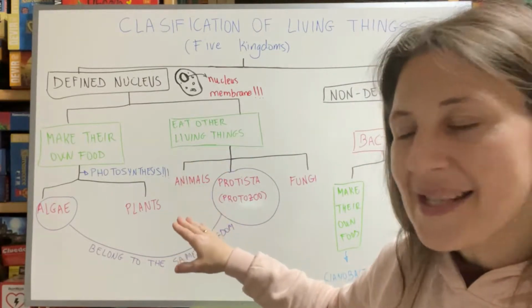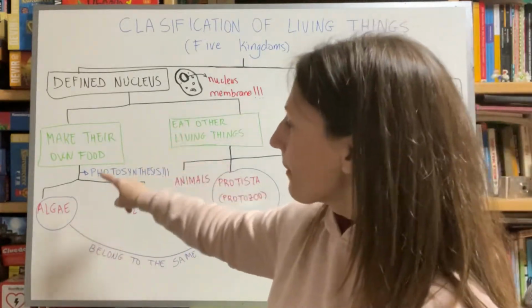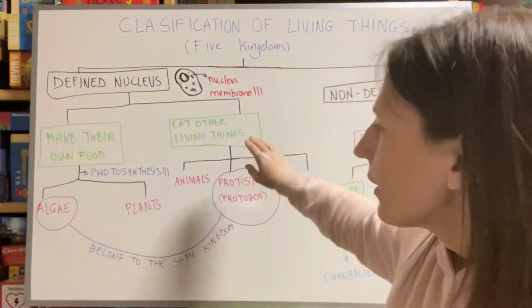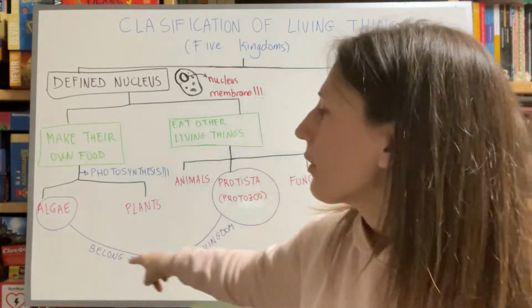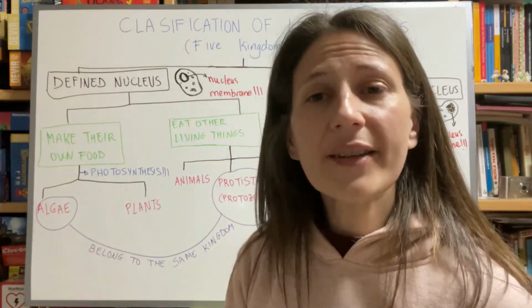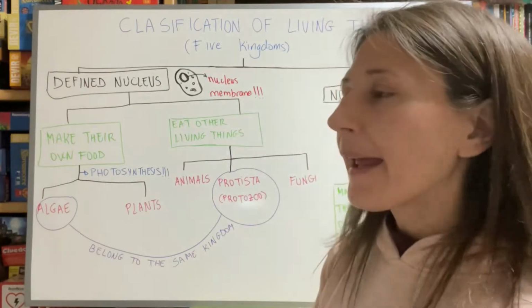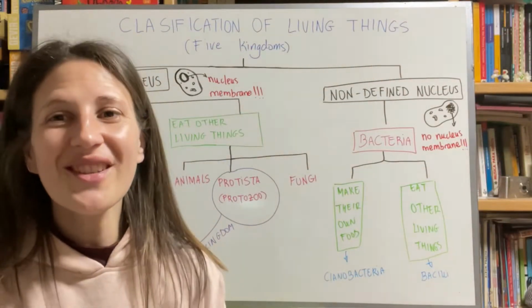They are part of the same kingdom, but I divided them because some of them make their own food, like algae, and some of them they eat other living things like protozoos, okay? But both of them are part of the same kingdom, okay?